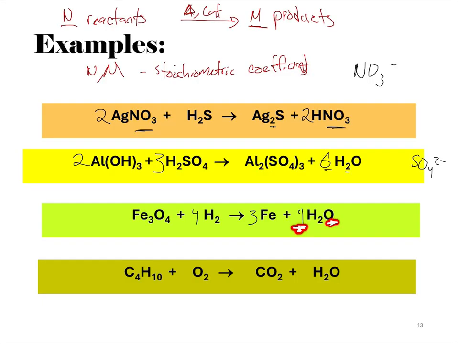That balances the oxygens, but it's also changed the number of hydrogens. We have 8 there, so we need to make sure we have 8 here. We do that by putting a 4 in front of the hydrogen gas, or elemental hydrogen. All right, so that looks good. Any questions on that one?